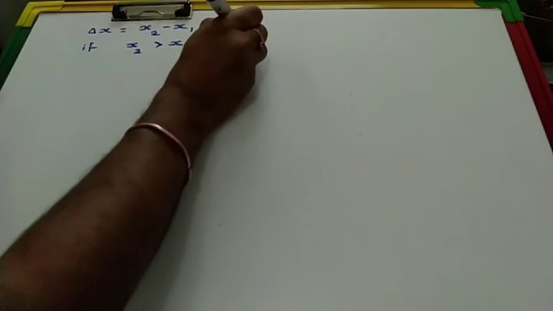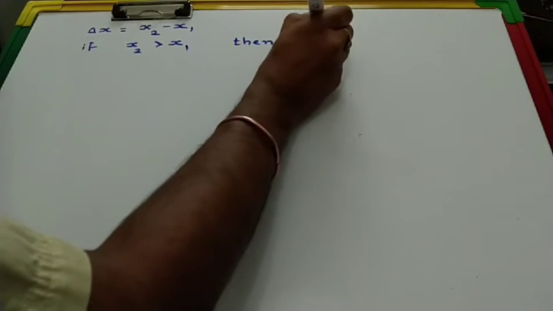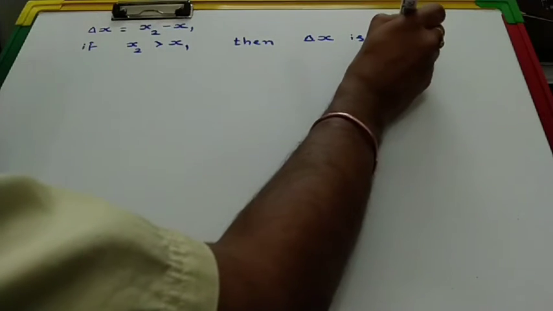Now, delta x is equal to x2 minus x1. If x2 is greater than x1, then delta x is positive.